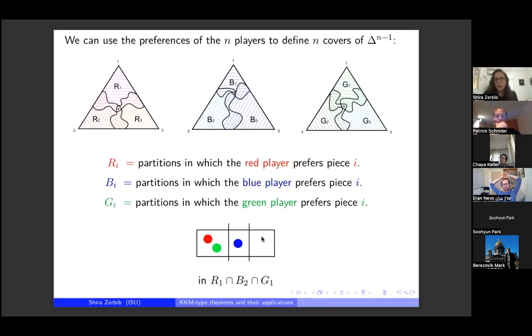And so here is an example. Here is a partition X, and I claim that it is in R1 because red prefers piece 1. It is in B2 because blue prefers piece 2, and it is also in G1 because green prefers piece 1. Okay.